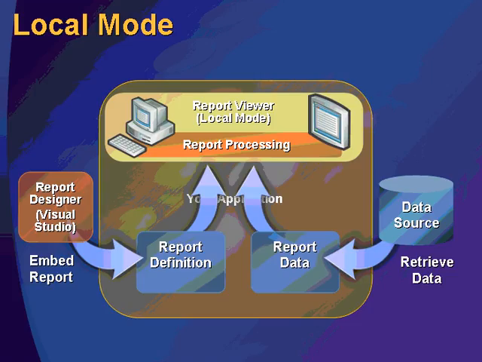So in the local scenario, the report is added locally to your project. You build the report inside Visual Studio, and it's embedded inside your application. We don't read the report from the server. All the processing happens on the local client side.